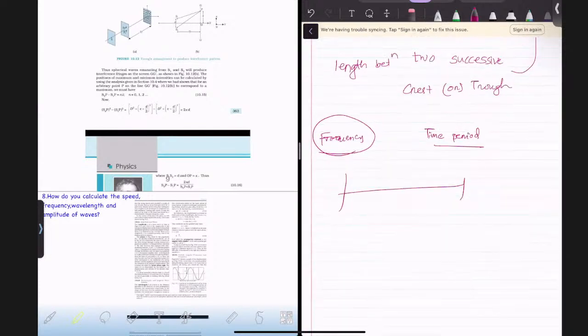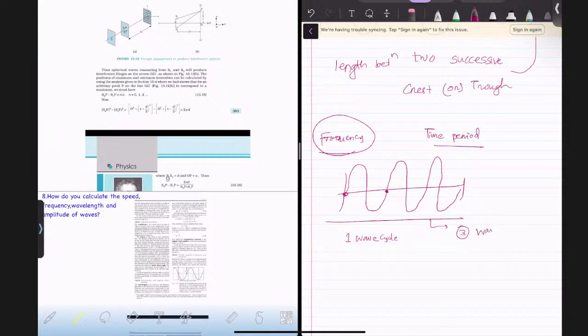If these are the 2 points and if a wave have, okay, एक यहां से यहां तक आने को एक बोलते हैं वन वेव साइकिल. ओके, सो यहाँ पे कितना वेव साइकिल है? 3 वेव साइकिल. ओके, सो टाइम पीरियड का मतलब होता है द टाइम टेकन बाय द वेव टू कंप्लीट वन वेव साइकिल. वन वेव साइकिल के लिए टाइम टेकन is known as टाइम पीरियड.